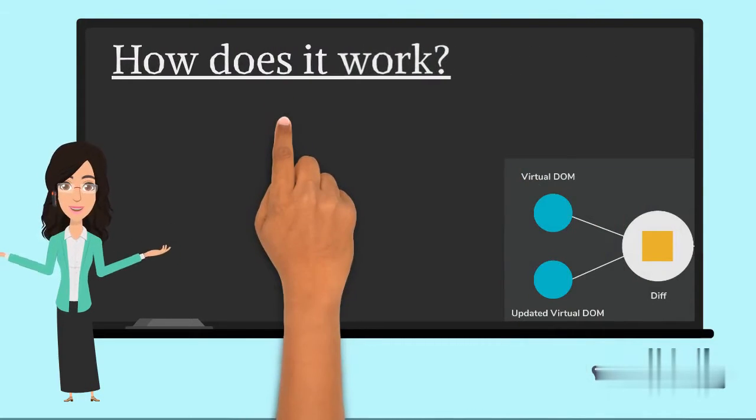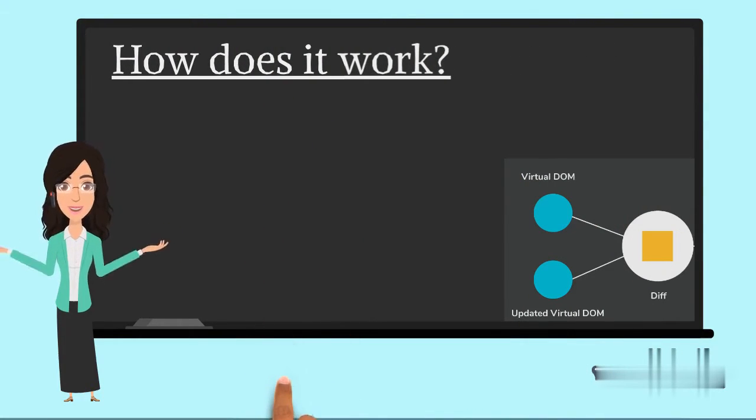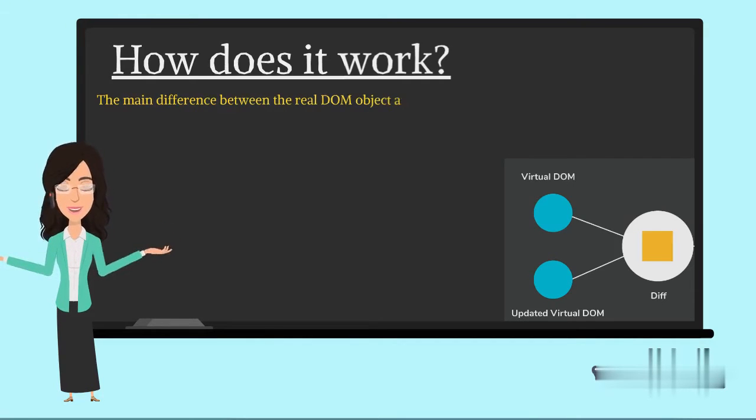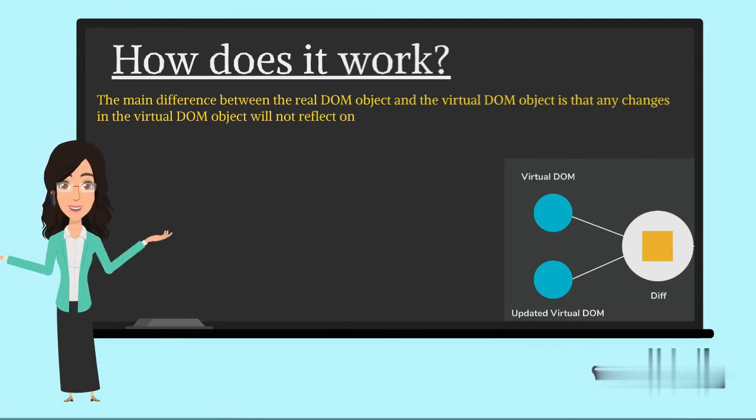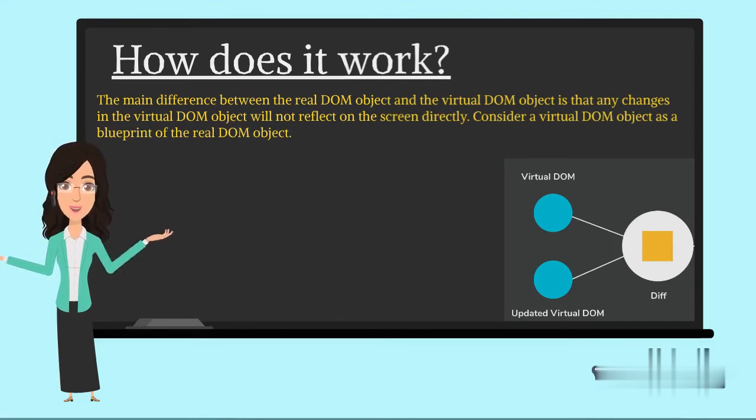For every DOM object, there is a corresponding virtual DOM object. As I told, it's a copy of the real DOM, which has the same properties. The main difference between the real DOM object and the virtual DOM object is that any changes in the virtual DOM object will not reflect on the screen directly. Consider a virtual DOM object as a blueprint of a real DOM object. Whenever a JSX element gets re-rendered, every virtual DOM object gets updated.